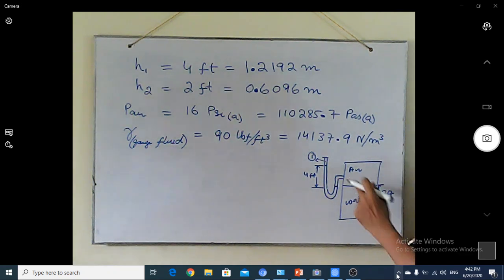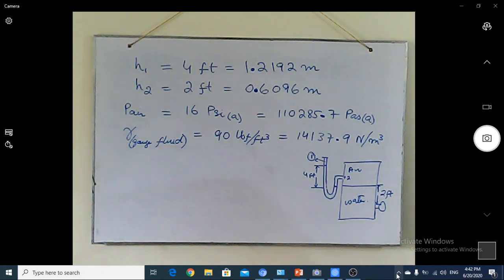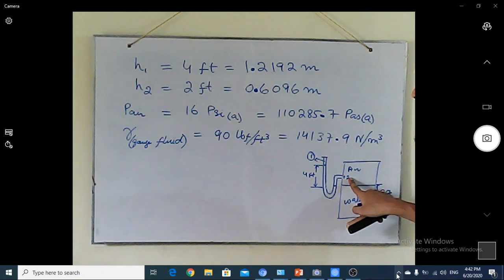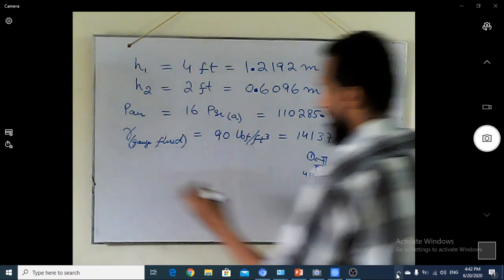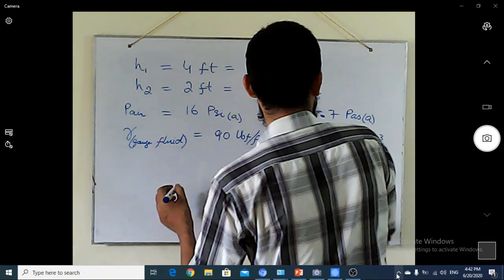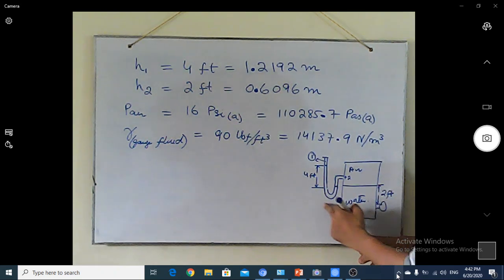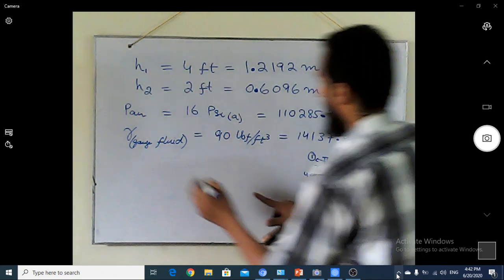We need to determine the pressure present here at point 2. So for that we generate an equation, similar to what we have learned about making the mathematical expression of the U-tube manometer. I start from here and move from this part to that part.